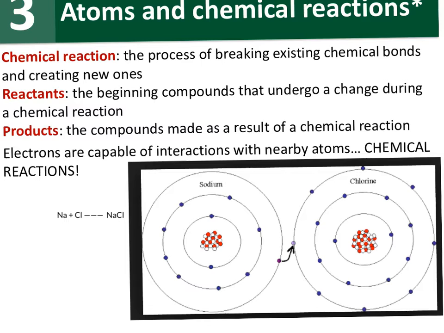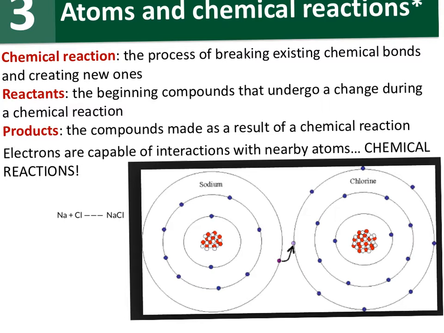You fill up the orbitals from the inner to the outer, but the ones that are donated or taken are always from the outer. So we've got sodium, which has 1, 2, 3, 4, 5, 6, 7, 8, 10, 11. It has 11 protons and 11 electrons.